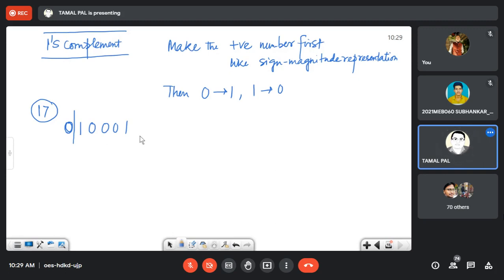Then if it is a positive number, do nothing. If the number is negative, then convert. And do nothing if the number is positive.